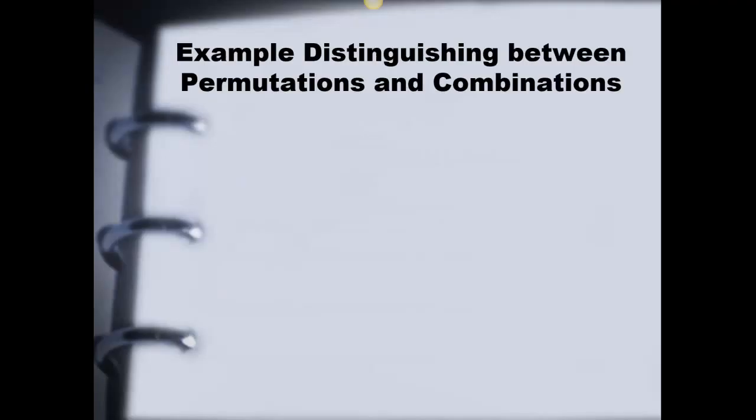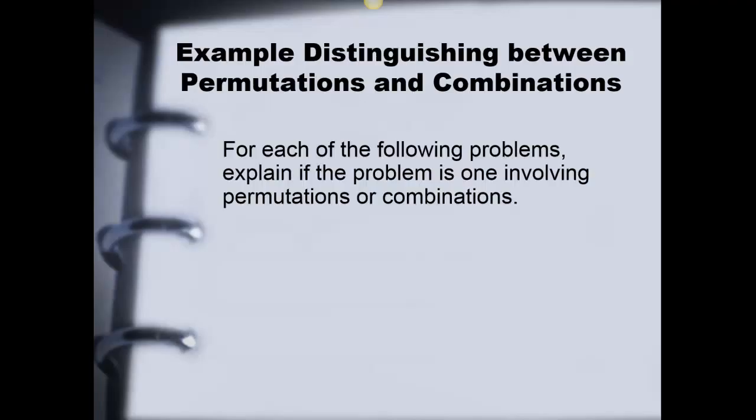So in the next example, we're going to determine whether the situation is a permutation or a combination. For each of the following problems, explain if the problem is one involving permutations or combinations.